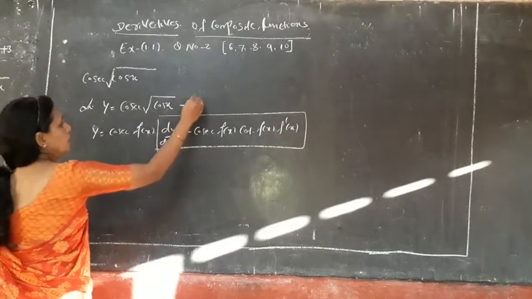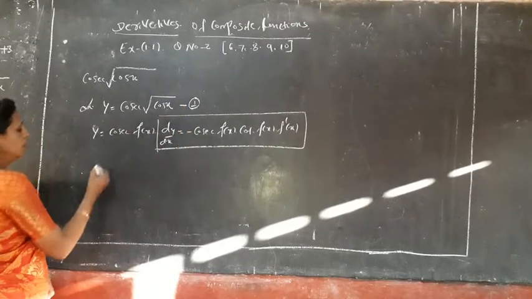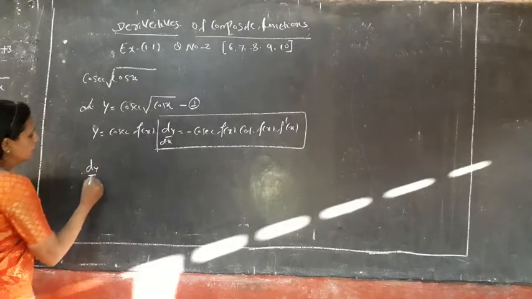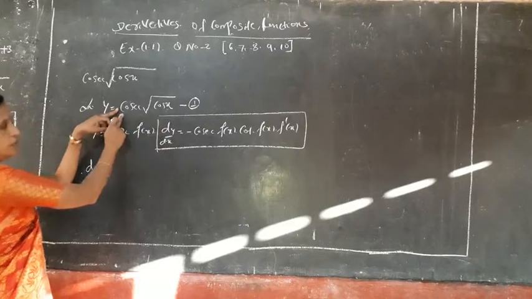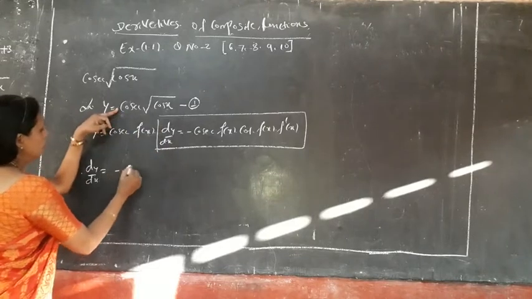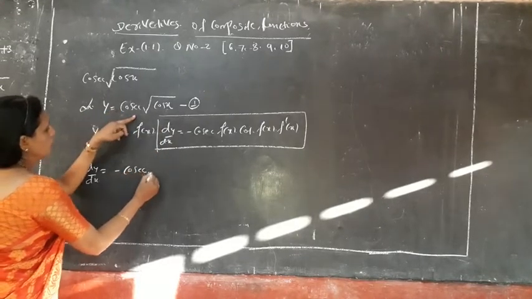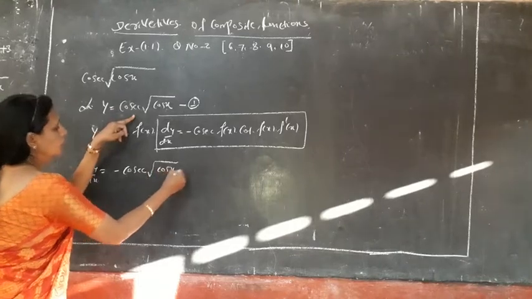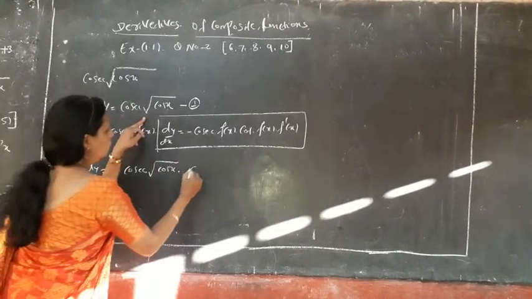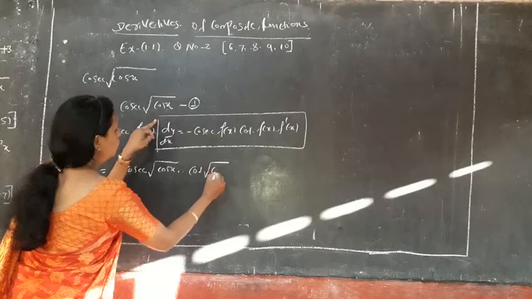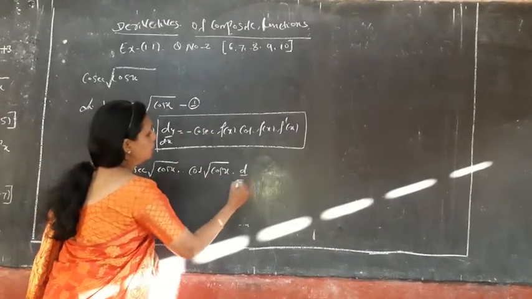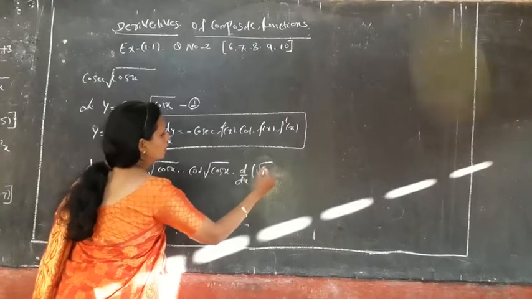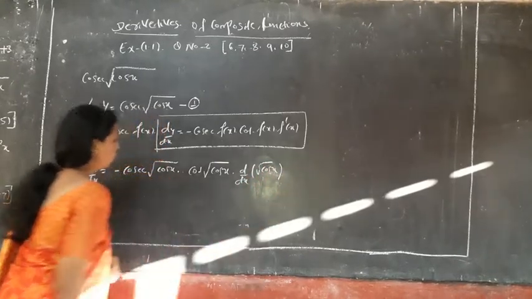So differentiating the equation, dy upon dx equal to, see here, differentiation of cosec is minus cosec root cos x into cot root cos x into differentiation of the function, that is root cos x.